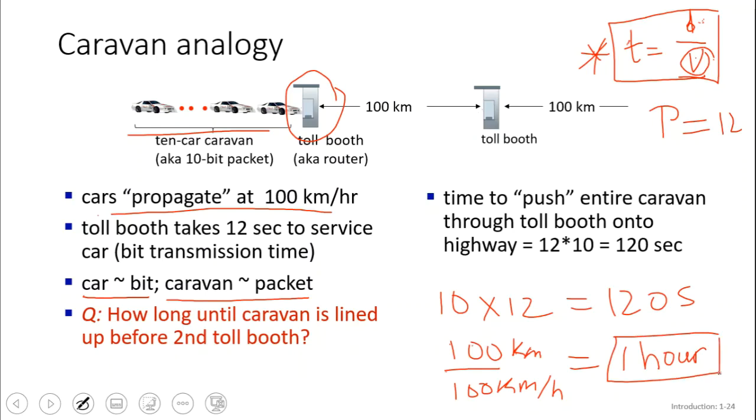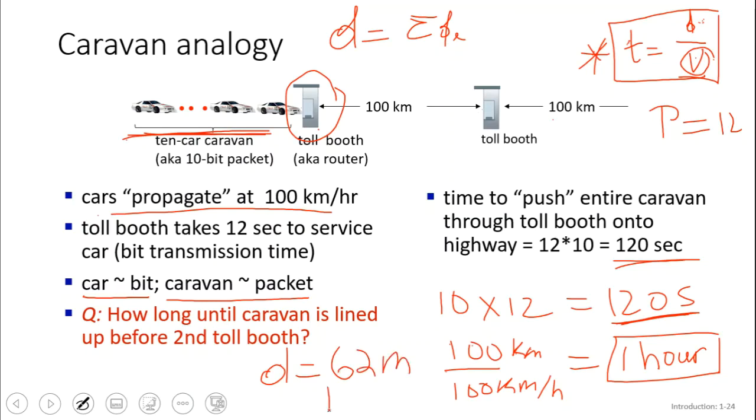But remember that the delay equals the sum of the other delays, alright? This delay means 2 minutes. So the entire delay for the whole caravan to get to the second booth is 62 minutes, or 1 hour and 2 minutes, right?